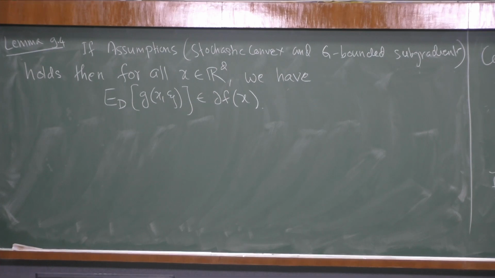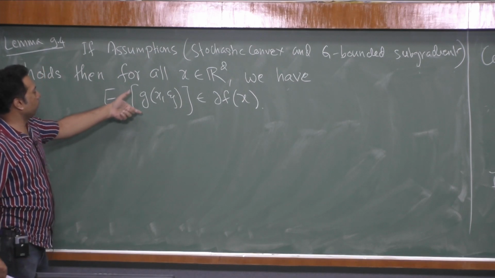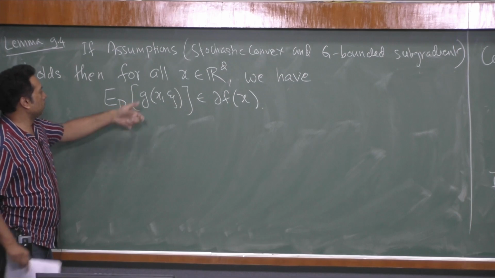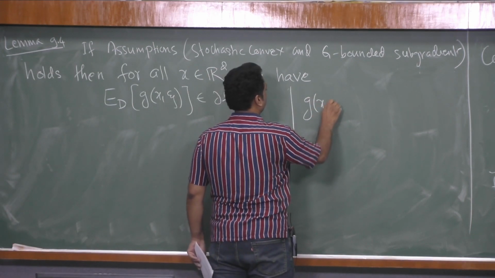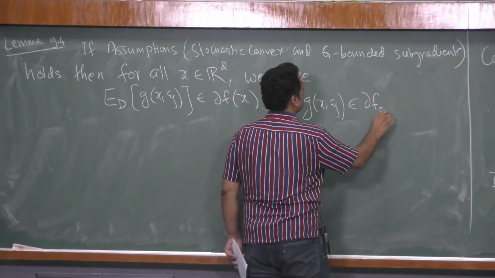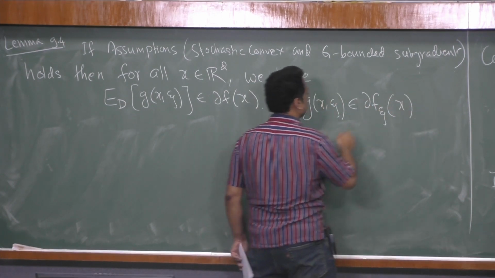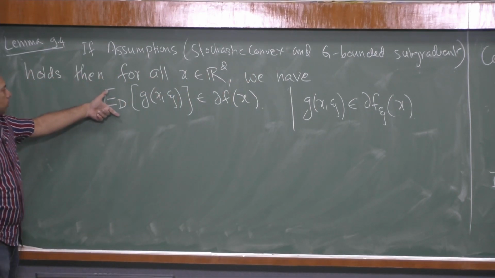So what is to be noted here is that what we know is that G(x, j) is a subdifferential of del f_j at x. This is what we know, right? And what we are proving is this.